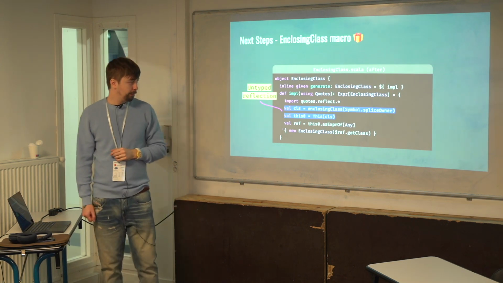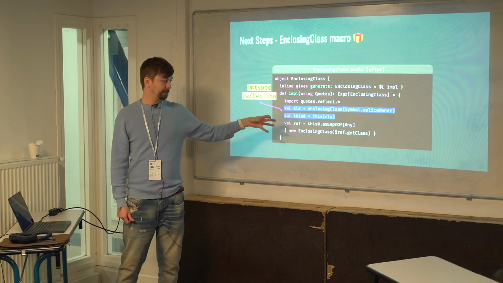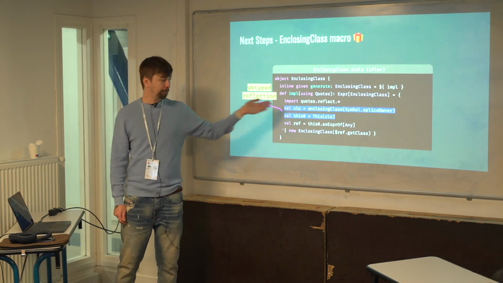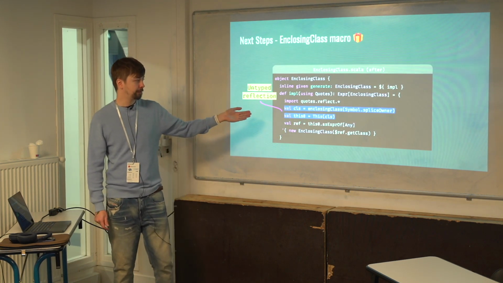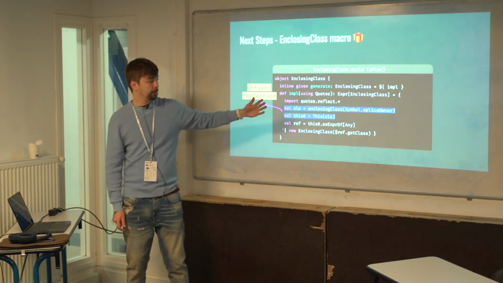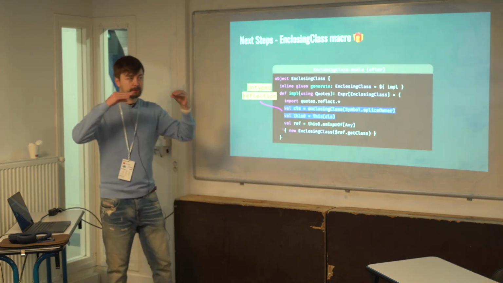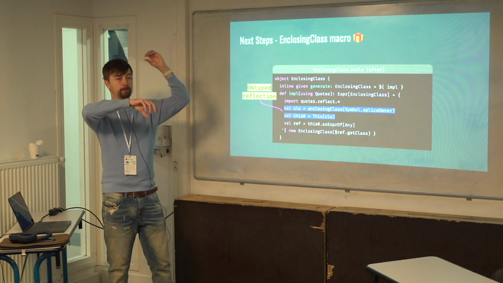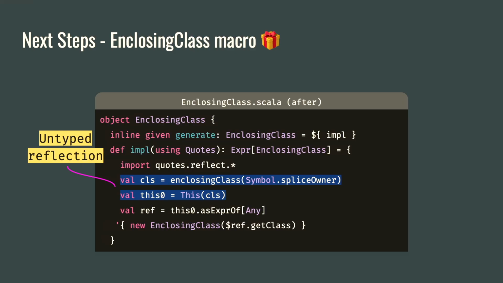So you have to dip down to the explicitly duck-typed reflection API. I have to find the symbol of where I call the macro. That's a symbol splice owner that gets the symbol of the place where you call the macro from. And then I look outside that to get the first class I see.